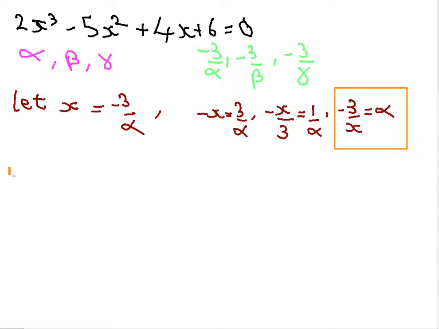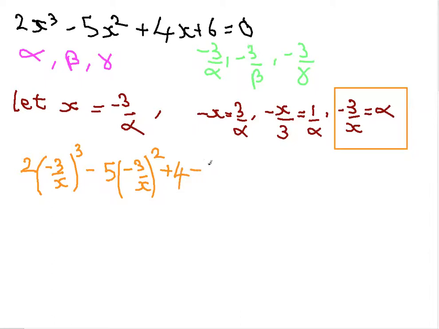Let's put in minus 3 over x. We'd get 2 times minus 3 over x cubed, minus 5 times minus 3 over x squared, plus 4 times minus 3 over x, plus 6 equals 0.